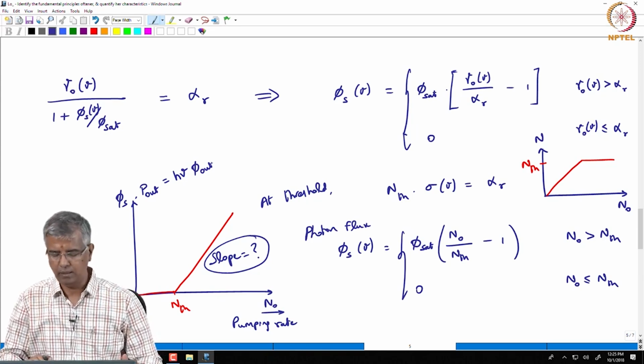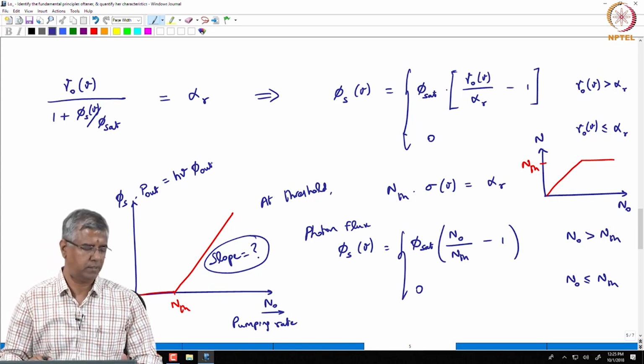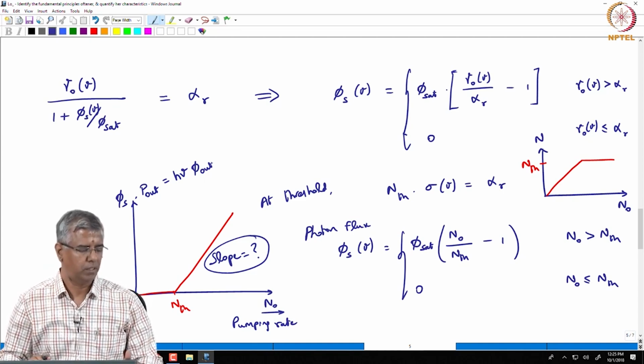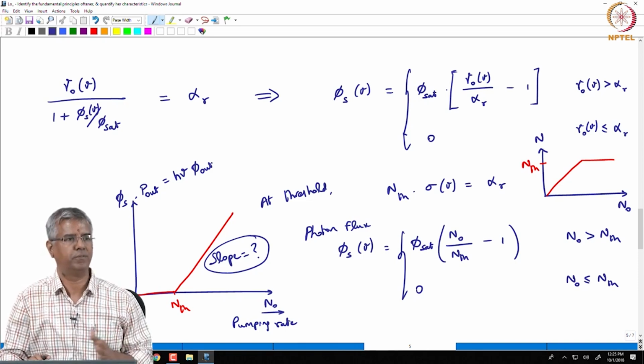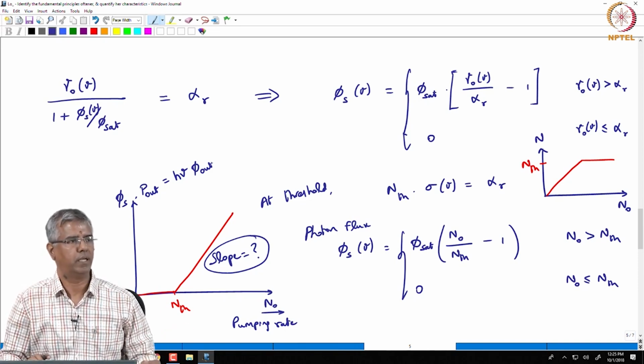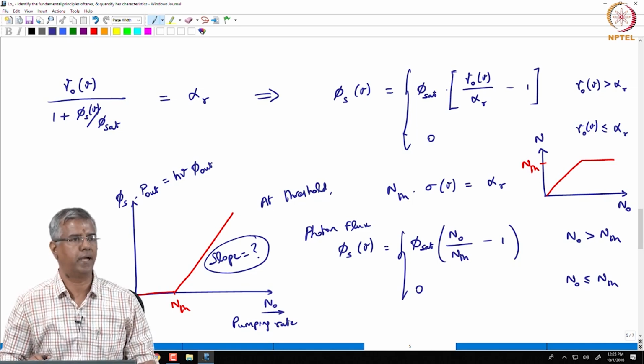Okay. That output signal flux is actually only a fraction of phi s, where phi s corresponds to the signal photons that are generated in the cavity.